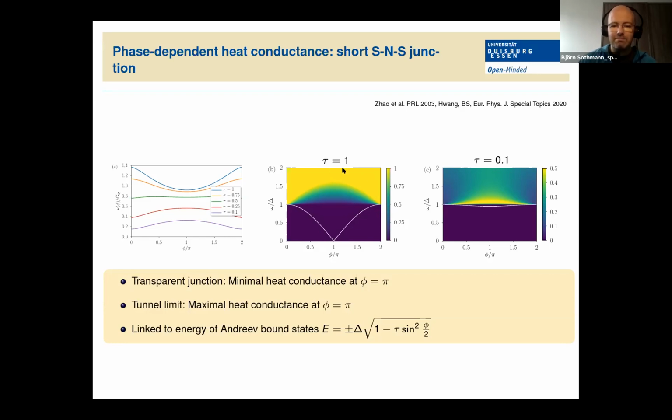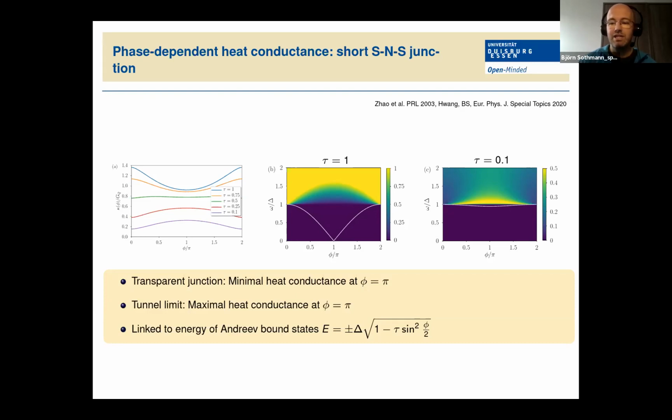If we start by looking at the transparent case, we see that the transmission is 0 inside the gap, as we expect, and there's the Andreev bound state shown by the blue curve here, and at phase difference pi, it moves to 0 energy. At the same time, this removes spectral weight from above the superconducting gap, therefore gives rise to a strongly reduced transmission through the junction, and this directly translates into this minimum that we see over here.